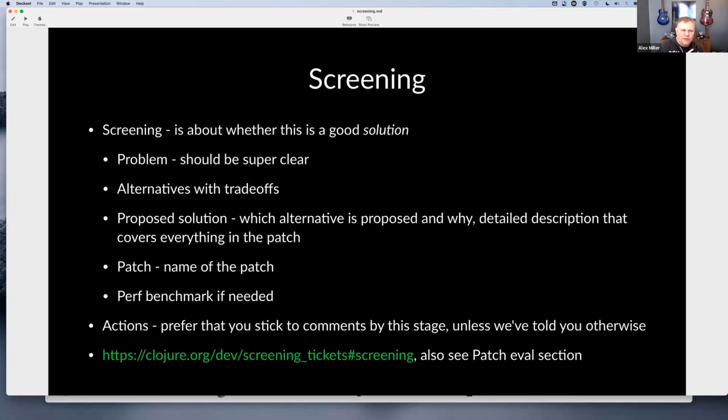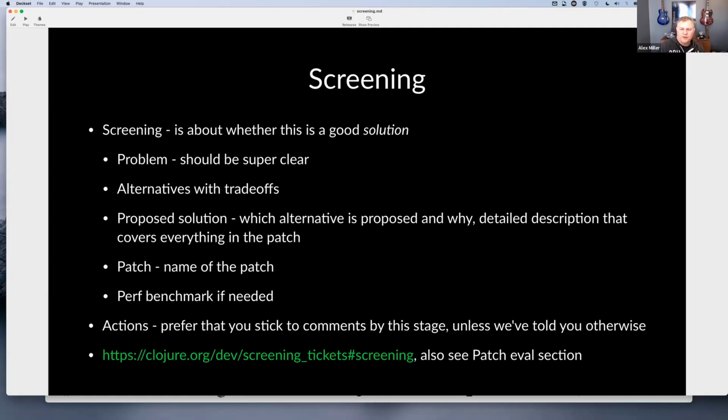So the question here is really about whether this is a good solution. At this point, the problem should be super clear. That should have already happened through the vetting process, but sometimes you learn more as you start to work on solutions. There should ideally be multiple solutions listed, and some proposed solution out of those. It should be really clear what's being proposed and why.